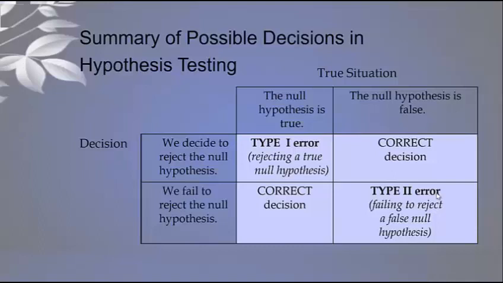When we fail to reject the null hypothesis when it is true, then we have a correct decision. But if we fail to reject the null hypothesis when it is false, then we are committing type 2 error, that is failing to reject a false null hypothesis.